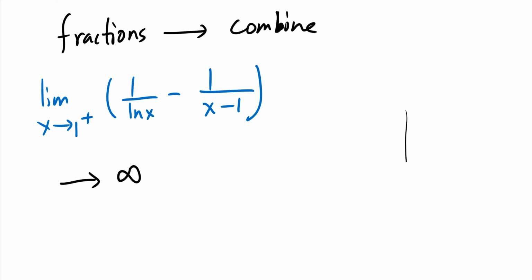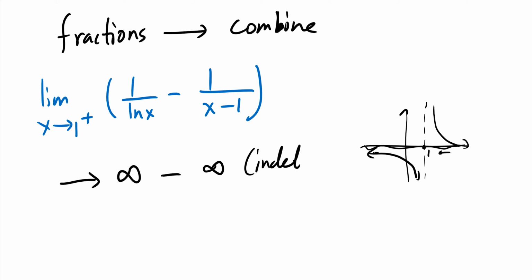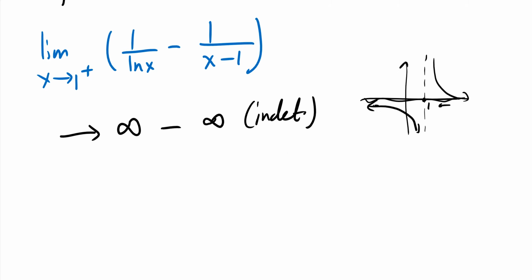And the second one, just so you see, you've got 1 over 1 minus 1, which is 0 in the denominator. That thing has a graph like this. If you approach it from this side, where this is 1 here, it goes up to infinity. So infinity minus infinity, which is indeterminate. So we get an indeterminate form.